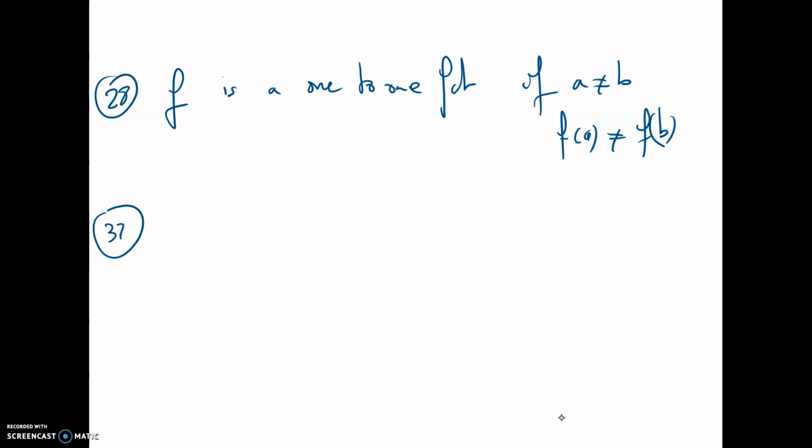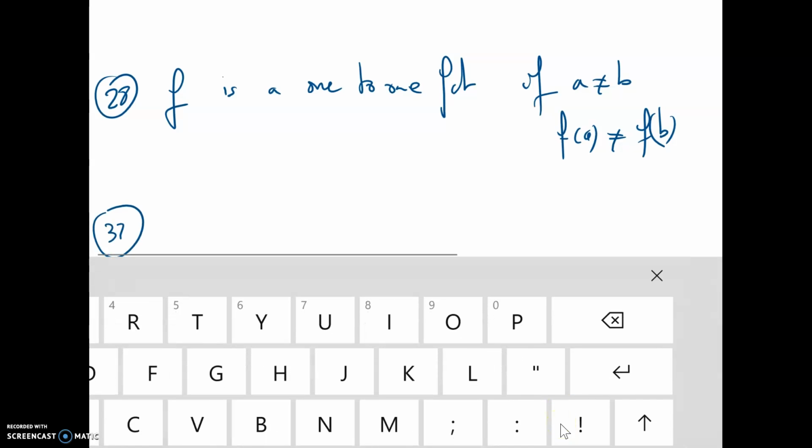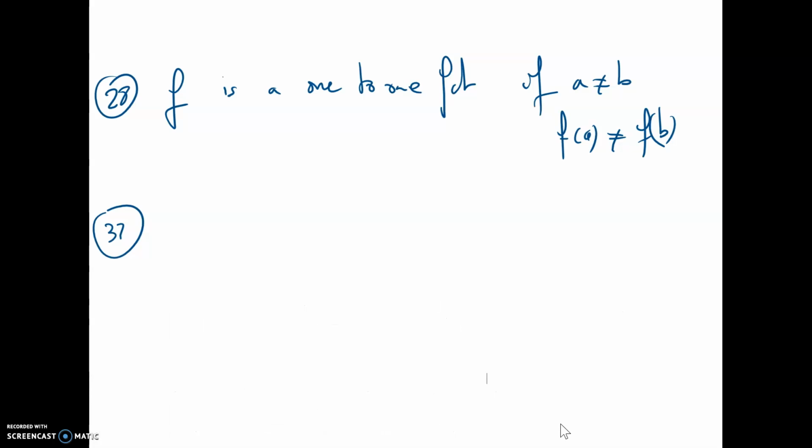On this problem number 37, what do we have? Use the definition. So we have f of x equal 3x minus 7, and we have g of x equal (x plus 7) divided by 3.